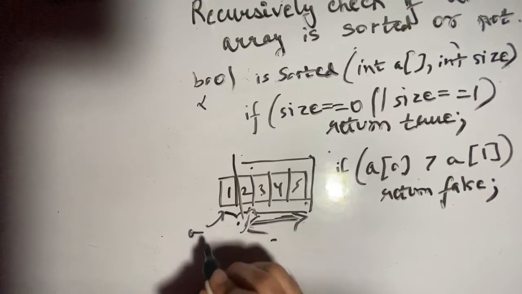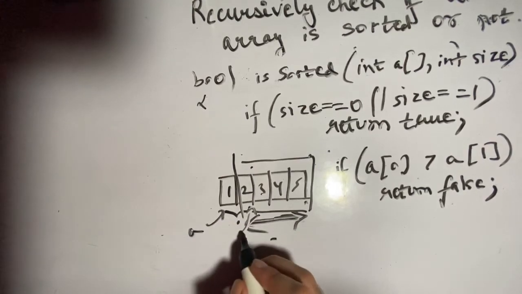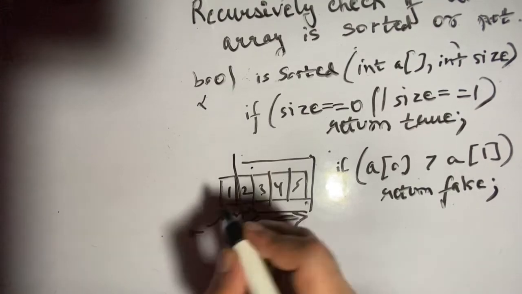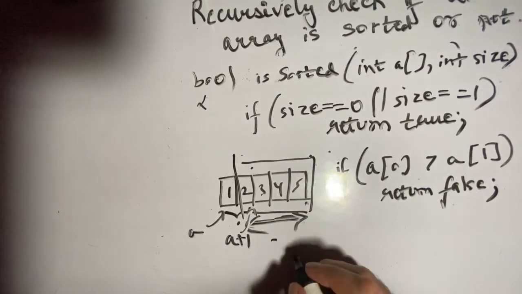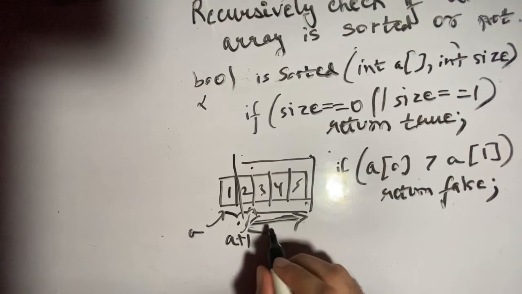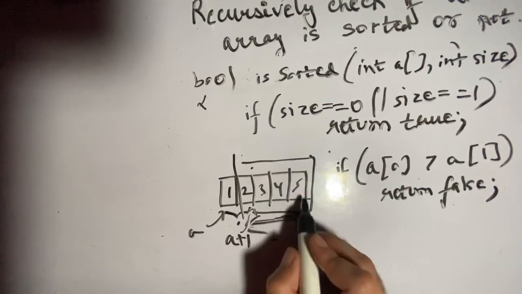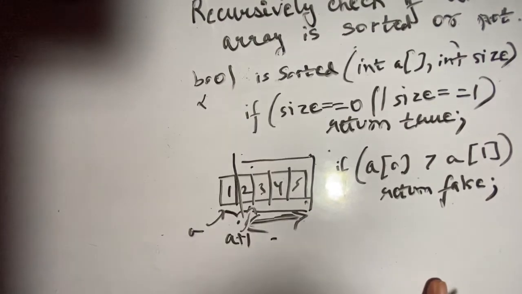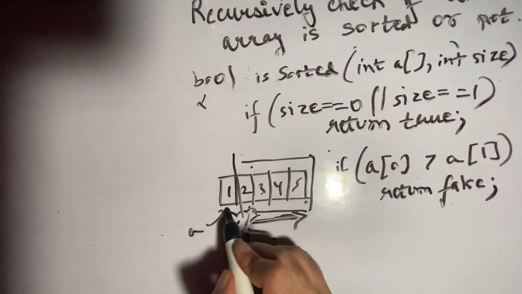Here we have a, and this time when we call recursion, we pass a plus 1 instead of a, and size minus 1, of course. So let's make the recursive call, because in that we'll store the answer for the rest of the array, and that would in turn be the answer for the overall array, because you have checked for this part.